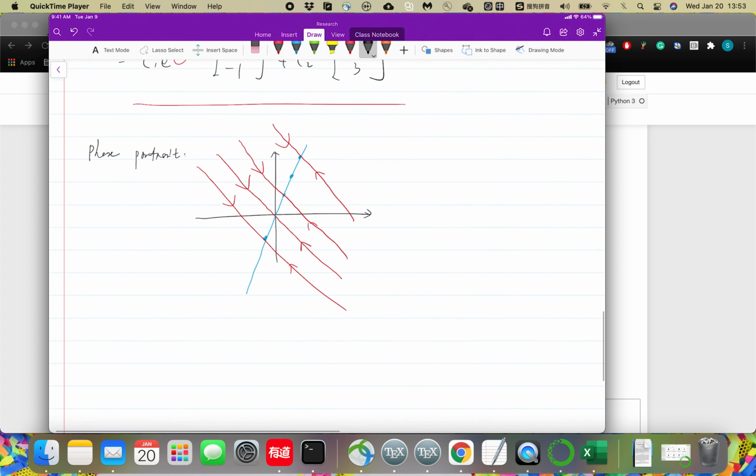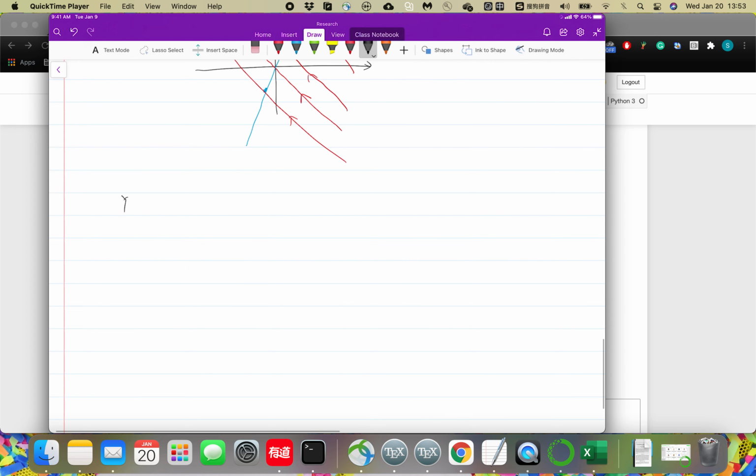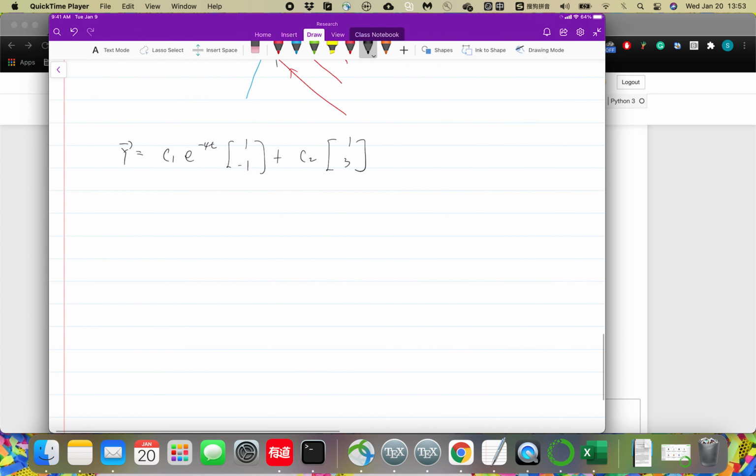Another way to think about this is to look at what we have here and try to make it clean. What you see here is basically a line plus a constant.